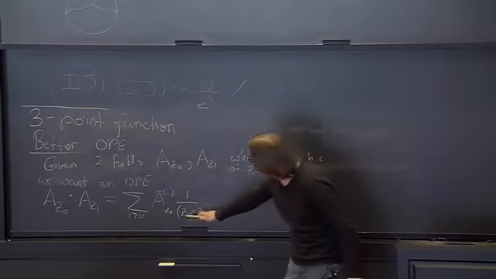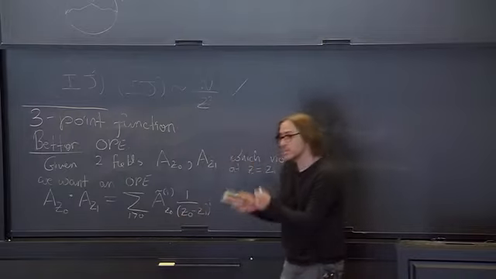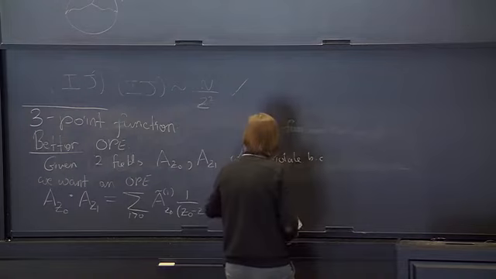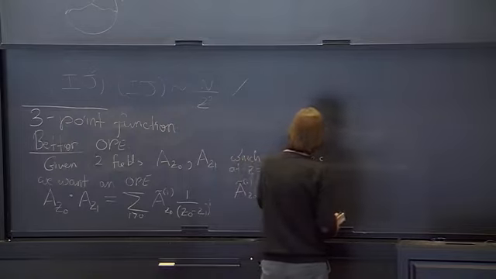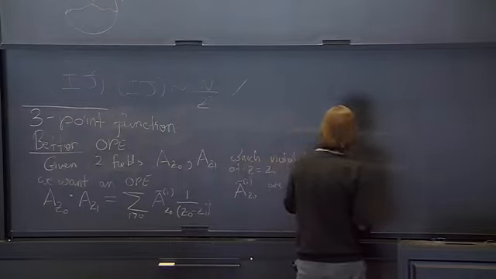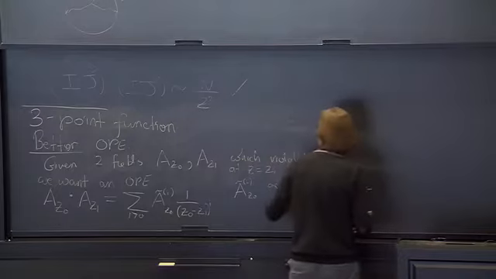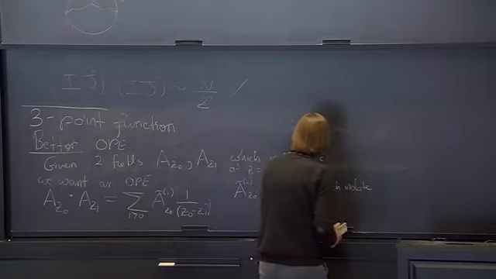You want to expand it as a sum of singular powers of the difference between the two of them, times some other quantities, where A tilde i at c0 are some fields which violate the boundary condition at c0.